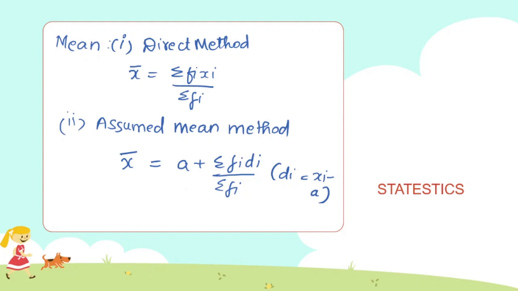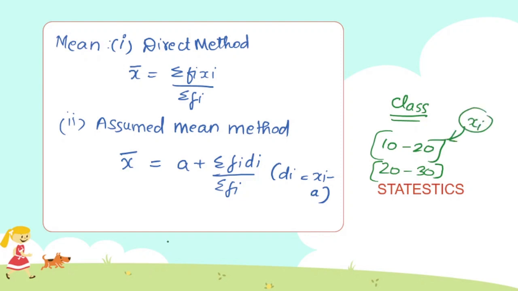So how would you find the class mark? That is important, right? You will be given the class intervals in the question itself. For example, 10 to 20 is a class interval. They will be giving like this. 20 to 30 is a class interval. So these are your class intervals. From there you will find the class mark xi.